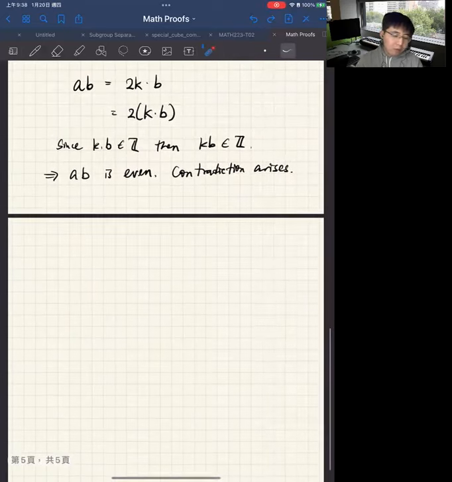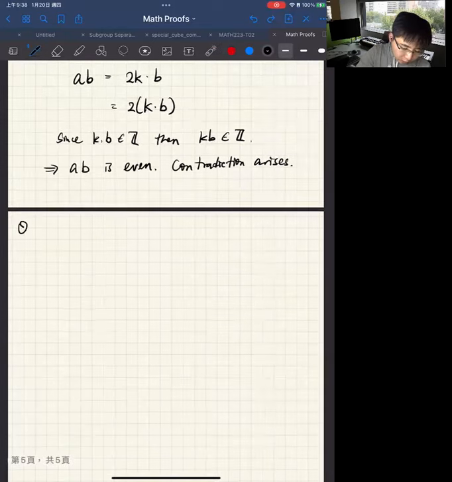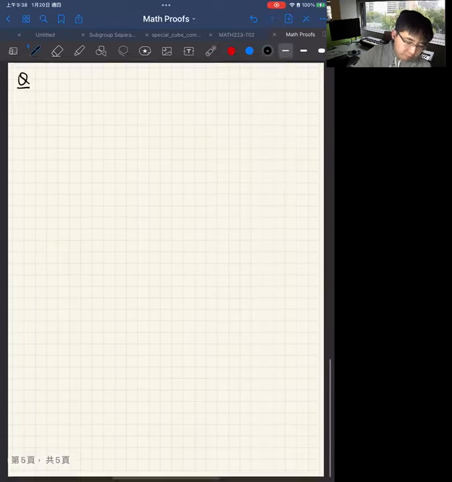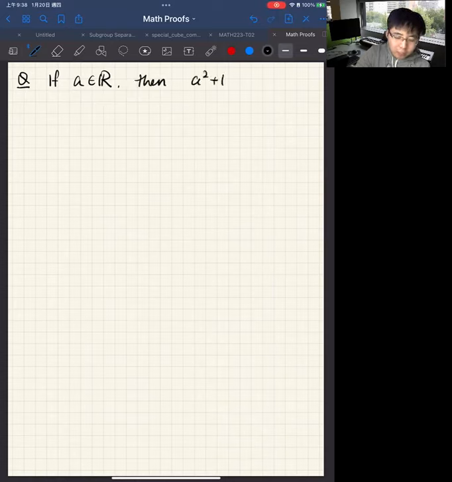Now we are going to introduce another tool, which is usually called "it suffices to show." It's very common. Question: if A is a real number, you want to show that A squared plus 1 is non-negative. In fact, you know that this is positive, but let's do this to make it extremely easy.